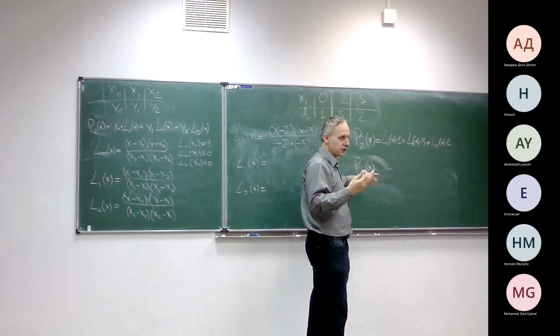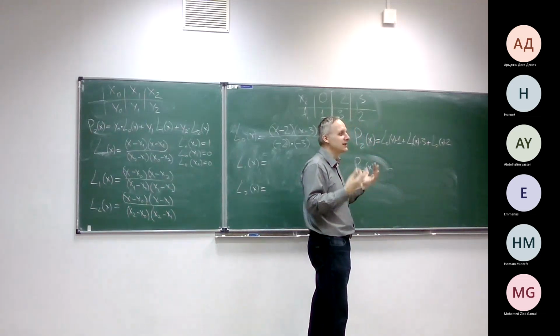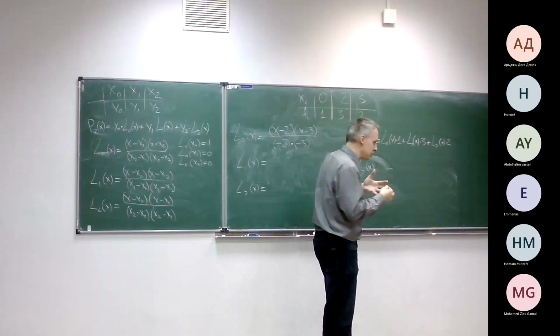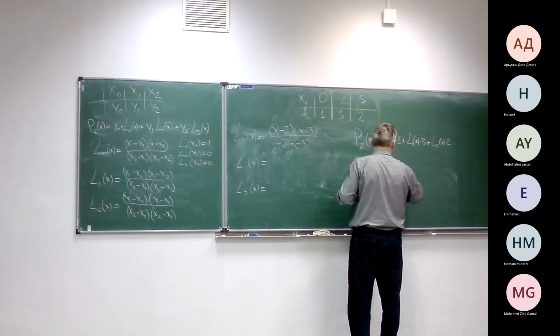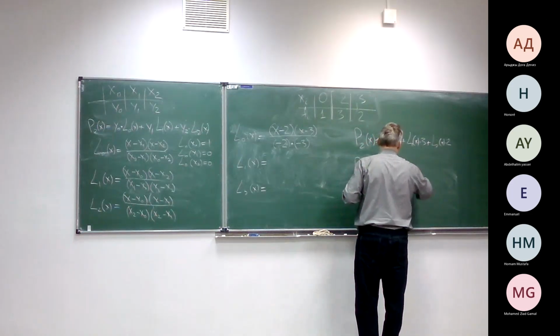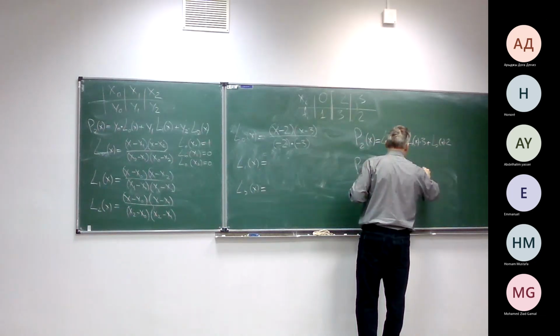What is a polynomial of degree 2? A polynomial of degree 2 is defined by its coefficients: A0 plus A1x plus A2x squared.